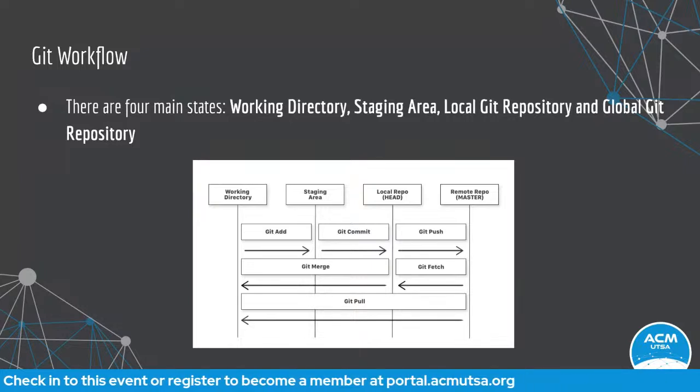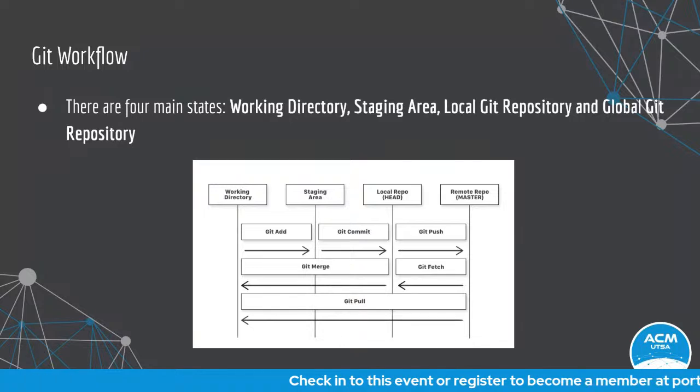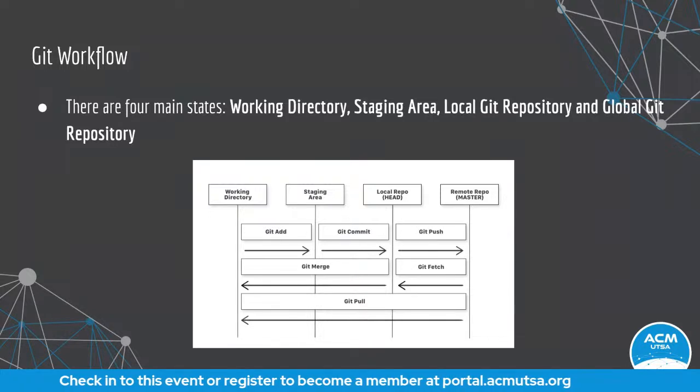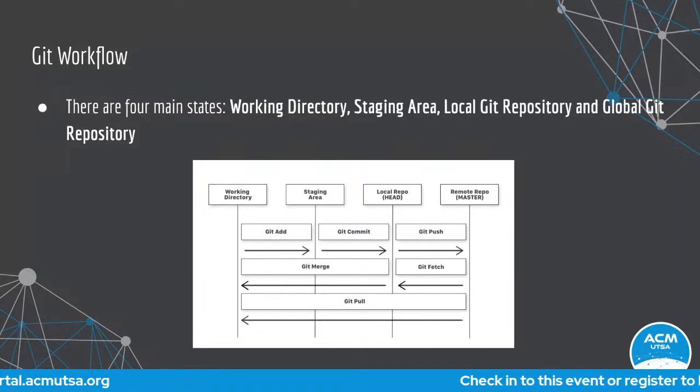When we go from the working directory, that's basically your coding, when you're making files and doing all sorts of things. Then when you're interested in taking a snapshot of certain files, you would add them to your current commit. And when you're finally ready to take all your changes and make an actual state, which can be referred back to later, you would commit.